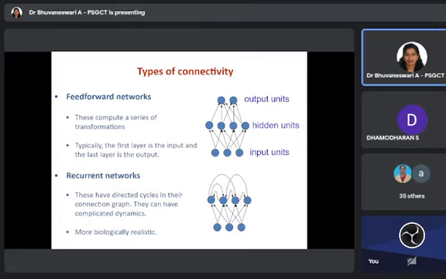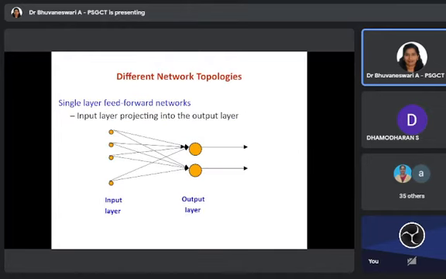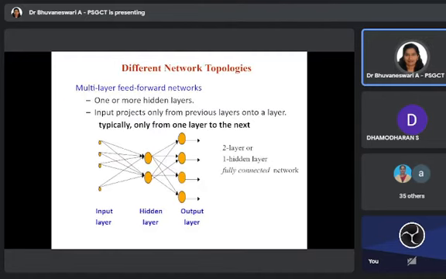Now the different topologies. When you have only a single layer feed forward network, there will be only one input layer and output layer, with no hidden layers. This type of topology is called a single layer feed forward network. When you have hidden layers, it is referred to as a multi-layer feed-forward network, with one or more hidden layers.